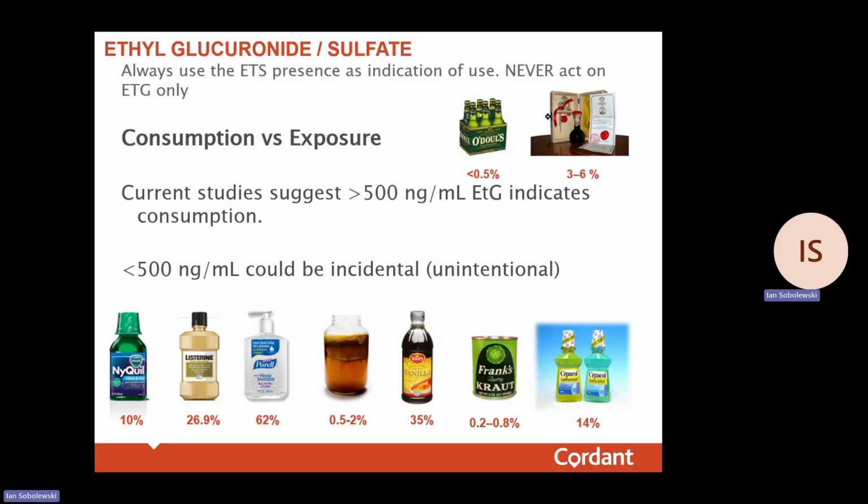Now, current studies suggest that an ETG level greater than 500 nanograms per milliliter would indicate consumption. Again, if it's really high, and there's no levels of ETS, you may want to ask a few questions of the donor. Are you diabetic? Did you have a UTI? Things like that. So these tests can pick up incidental contact. So just be aware of that.